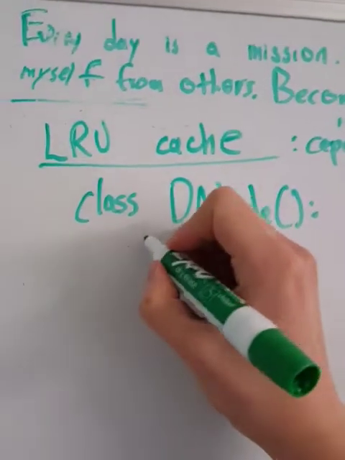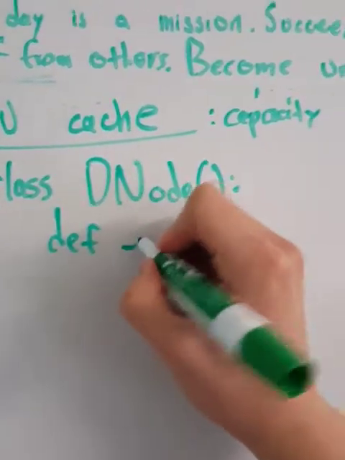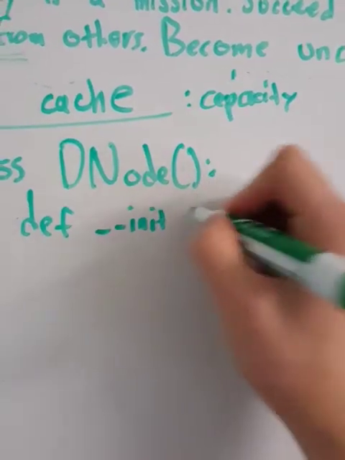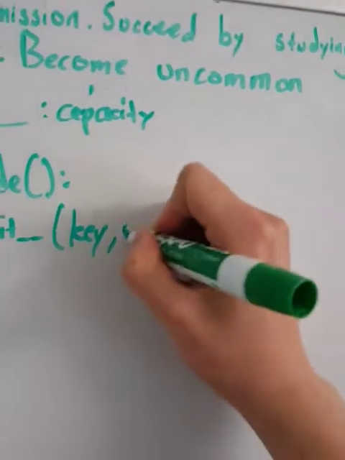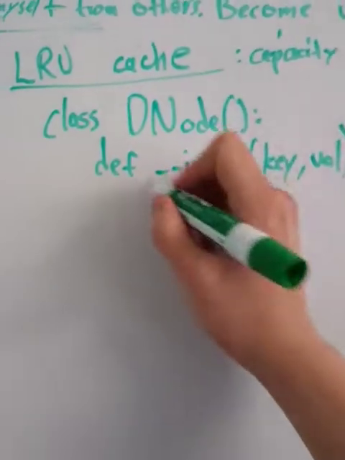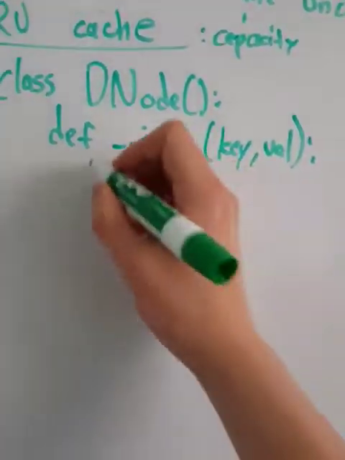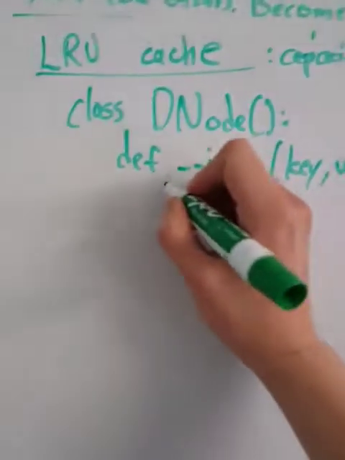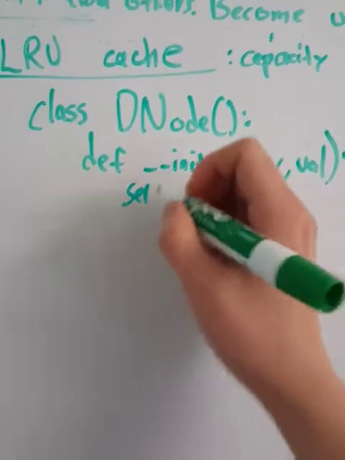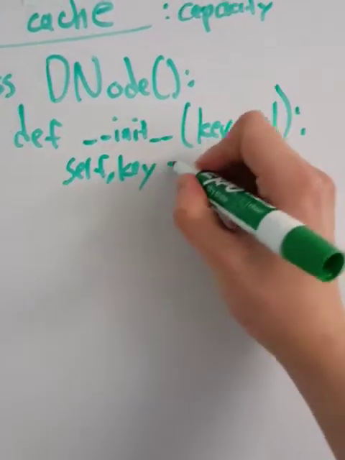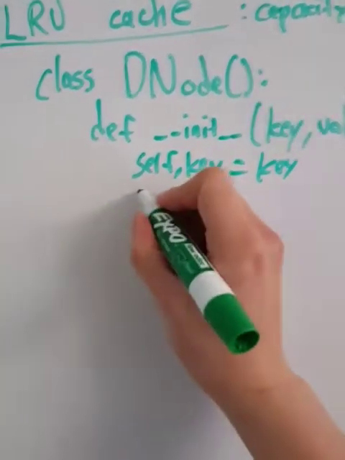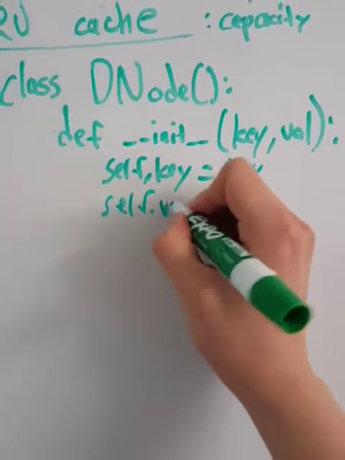Class DNode, define init, and in our implementation we're going to use a key value pair. So this node, pretty much like any node in a linked list, is going to have a key and a value. self.key is equal to key, self.val is equal to val.